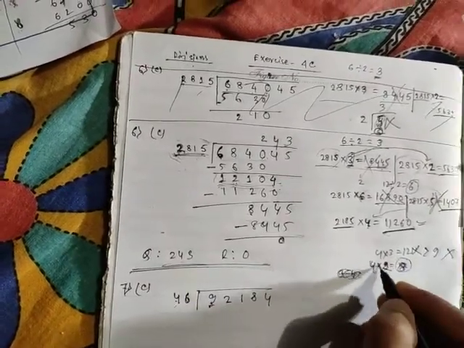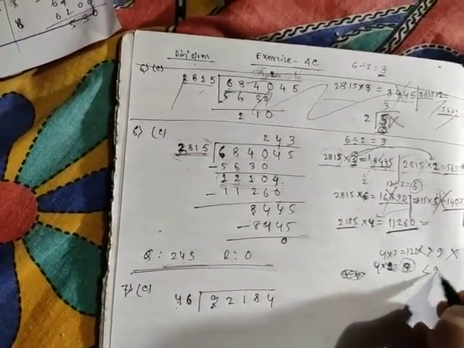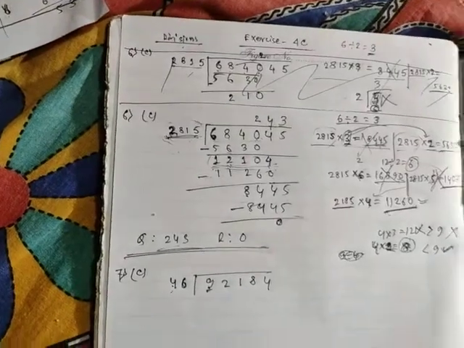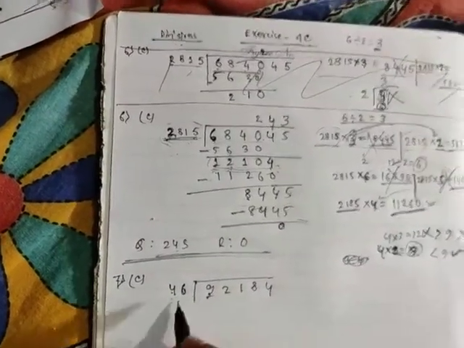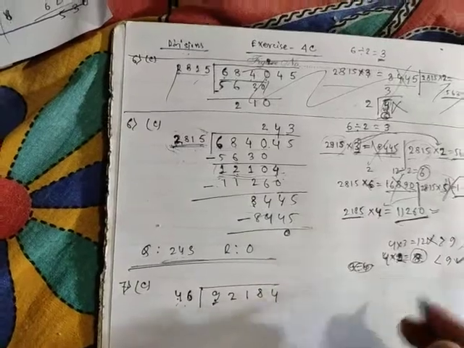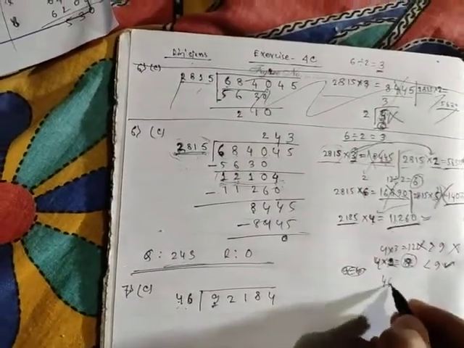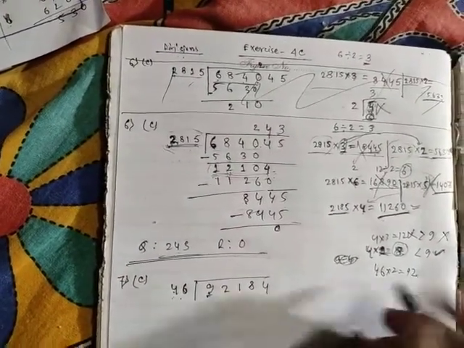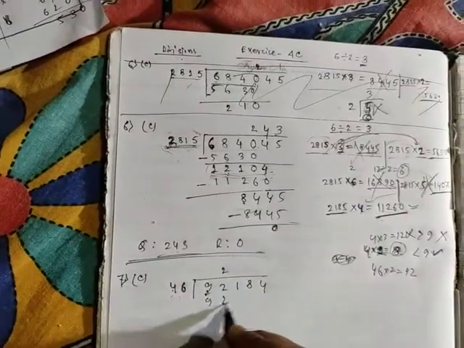So 4 into 2 means 8, which is less than 9, so it is possible. So multiply the whole number with 2. So 46 into 2 is equal to 92. So here we put 2 and we get 92.